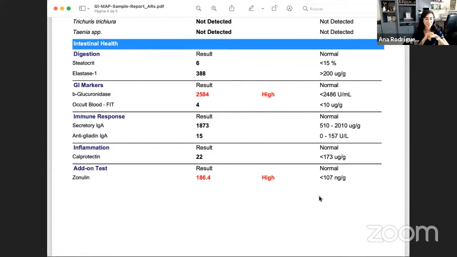It doesn't really tell us what is going on, even though it provides us with the amounts and the results. So this is maybe a test that I would rather read as a clinician than give to my patient, because I find it easier to read the GI Effects as a tool than the GI-MAP. Well, personally, that's what I think.